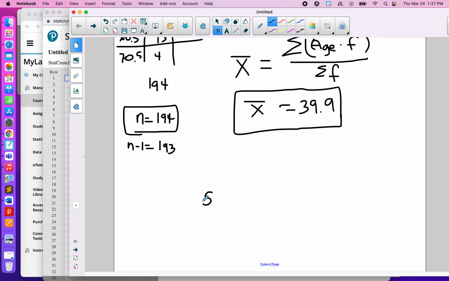All right, now for s. The formula for s is a little bit more complicated, and it was written down a long time ago from chapter 3.